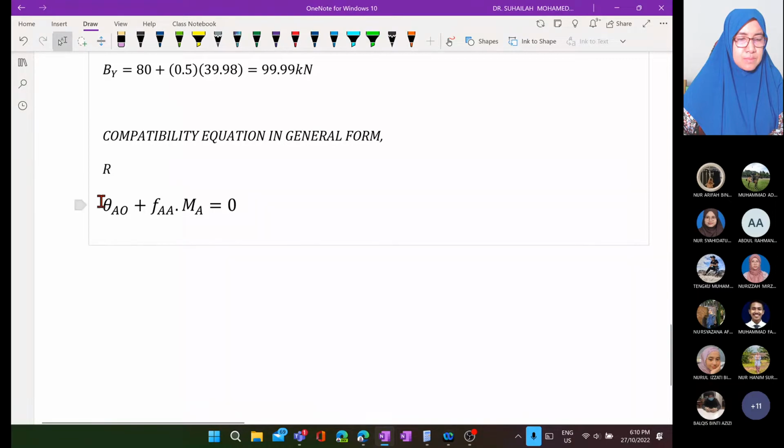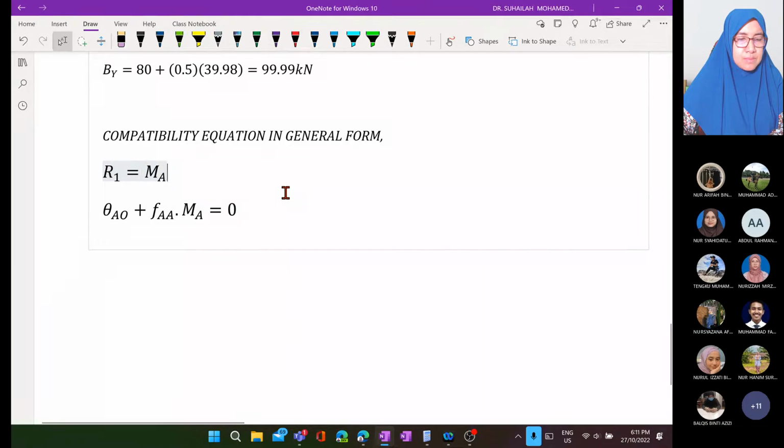Redundant in this case is redundant number 1. Okay, redundant is redundant number 1, R1, which is equal to MA.